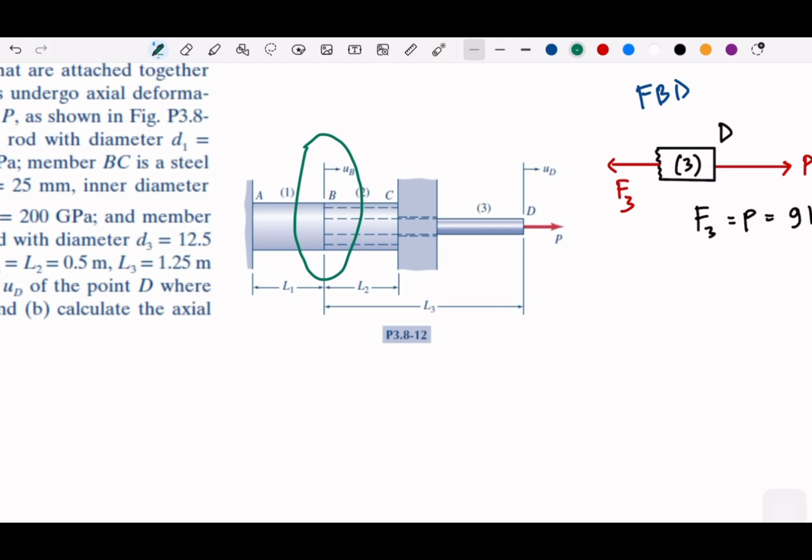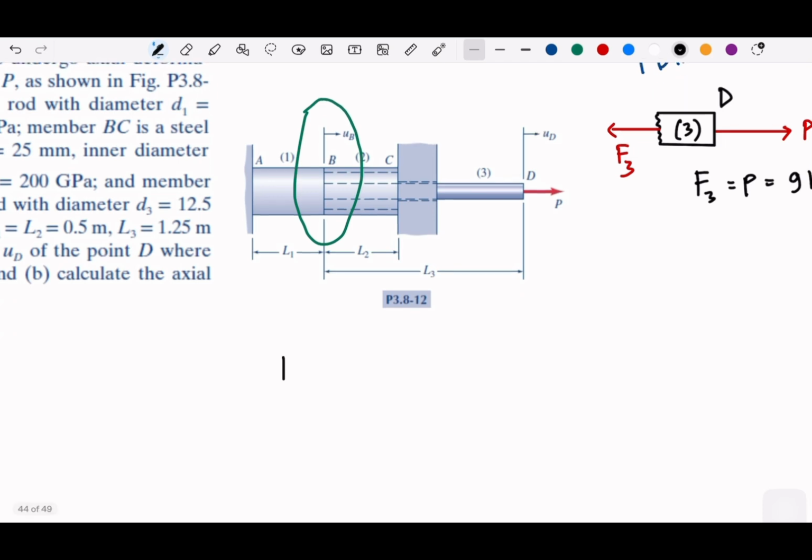Okay? So you get 3 elements in one joint. So let's say this is the B, okay? And let's say this is the B here.